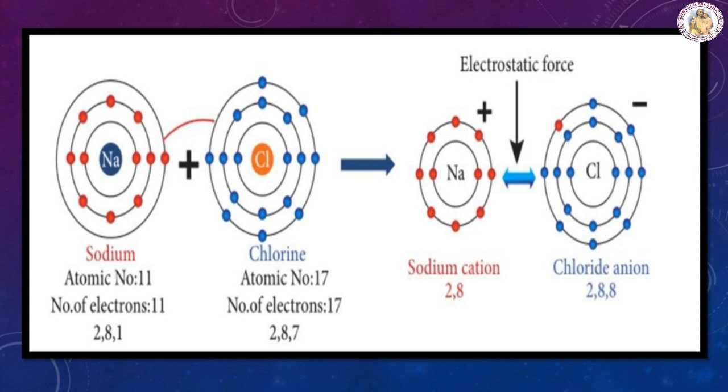So after transferring one electron to the other atom, the sodium atom forms a cation, that is sodium cation. Next, the chlorine atom needs 1 electron to complete a stable electronic configuration. So it gains 1 electron from the sodium atom and forms chloride anion, that is a negative ion.